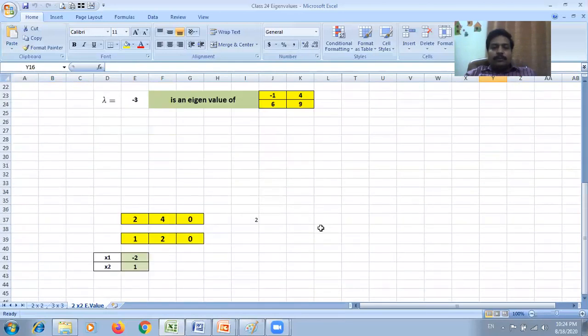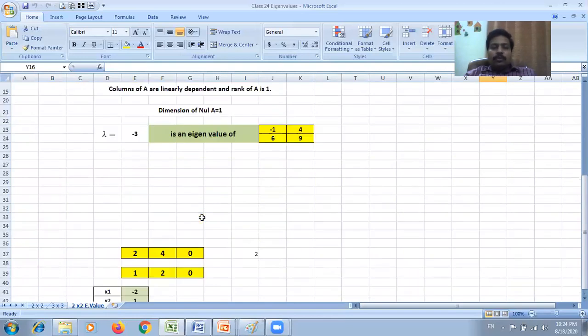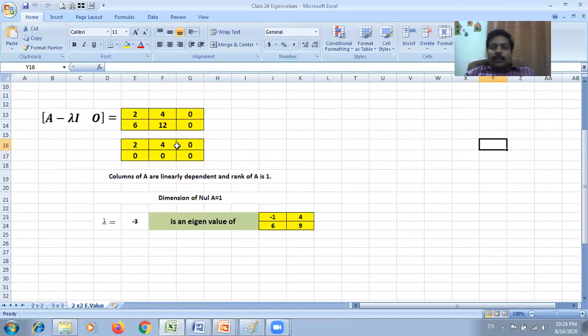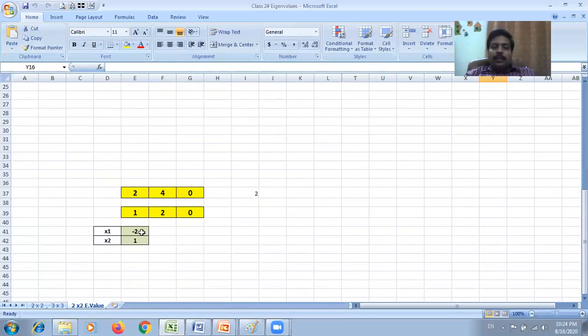That is the solution. We can further divide the row 2 4 0 by 2. So x1 plus 2x2 is equal to 0. That is the equivalent equation form. That will finally give the eigenvector, and any scalar multiple of this one will also be an eigenvector.